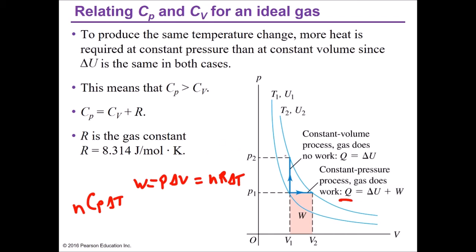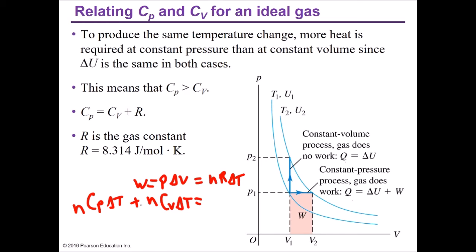Plus nCV delta T, and that's equal to the nR delta T. You drop the n's out, you drop the delta T's out, and then we end up with this relationship right up here.